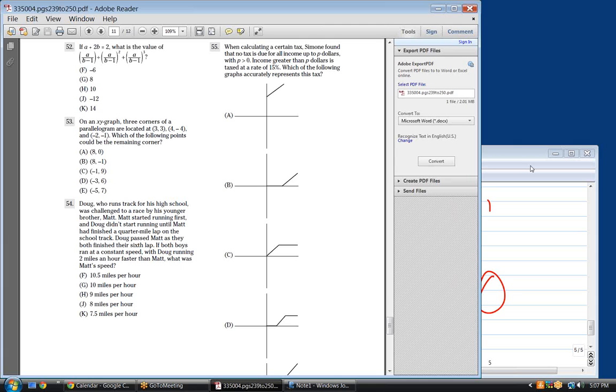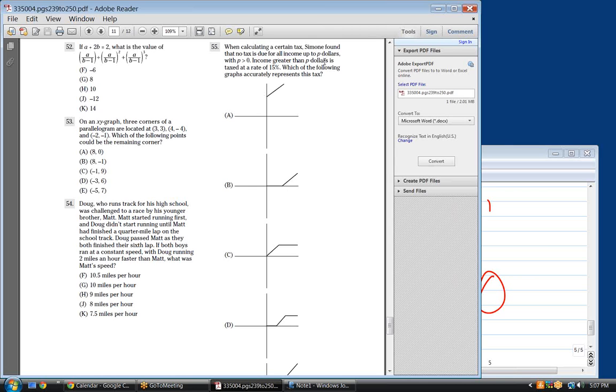So does A work? No, I don't think so. Because up to P dollars, and P is greater than 0, you don't owe any tax. So there has to be a period on this graph where we start out at 0 and stay at 0 for a while, and this would be P. And in fact, B looks like it would work. The only thing that I don't like about B... hold on. Simon found that no tax is due up to P dollars.